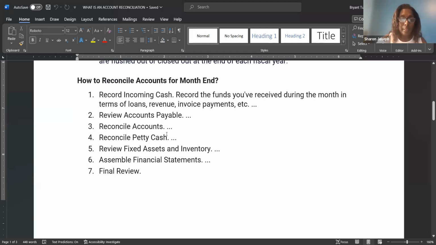You reconcile petty cash. That's something a lot of companies don't really have a whole lot of. We've kind of gotten away from that when everything is done bank to bank now. You look at your fixed assets and your inventory, and then you put together your financial statements and do a final review. These are the things you do at the end of the month to make sure that your books are correctly stated.